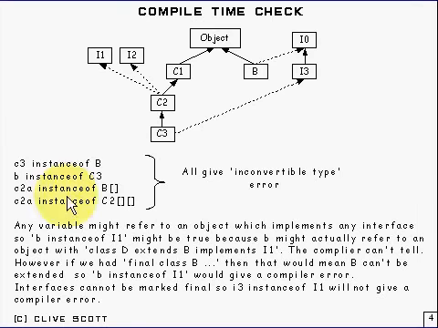Right, here's an example of the compile time errors that you can get, and all these things down here give an inconvertible types error. That's what the error message is.